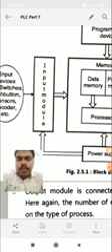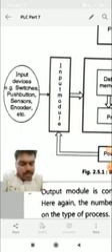There will be an A to D converter which converts analog value into digital value. What input devices can be used? There are sensors, limit switches, temperature limit switch, pressure limit switch, manual switches, and the timers, counters, etc.